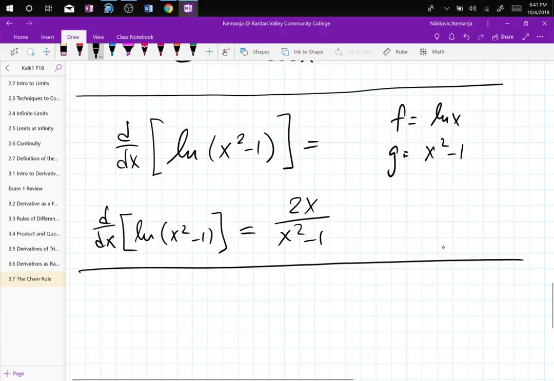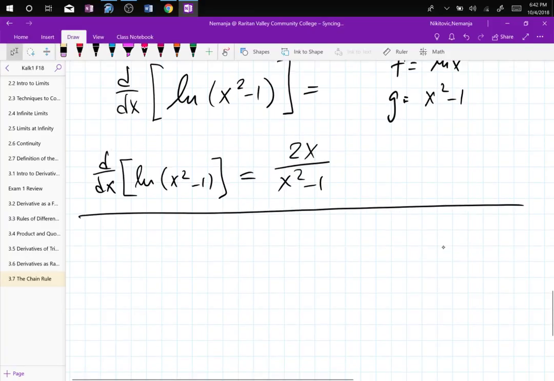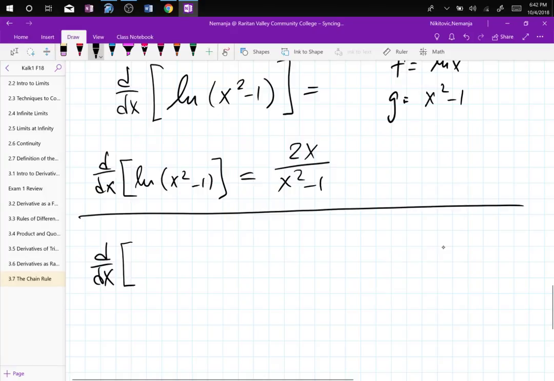Okay, so now what do we have? We have the rule. Well, let's do another example, and I'll write the rule underneath. The derivative of square root of x squared plus 3.